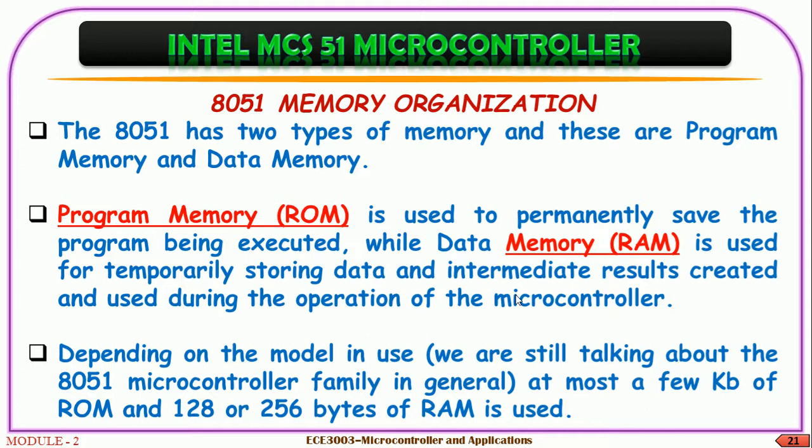The program memory is used to permanently save the program being executed, while the data memory is used for temporarily storing data and the intermediate results created and used during the operation of the microcontroller. Depending on the model in use, at most a few KB of ROM and 128 or 256 bytes of RAM are used.